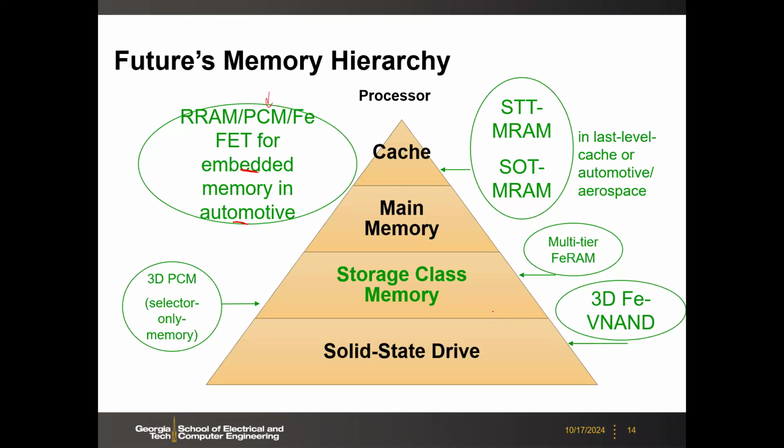So here, there's a storage class memory concept proposed more than 15 years ago by IBM, to create another level between the main memory and the storage SSD. In this space, for example, Intel and Micron tried 3D XPoint with phase change memory, right?